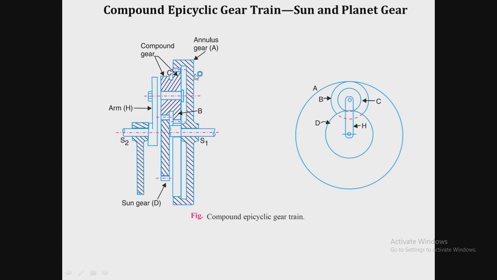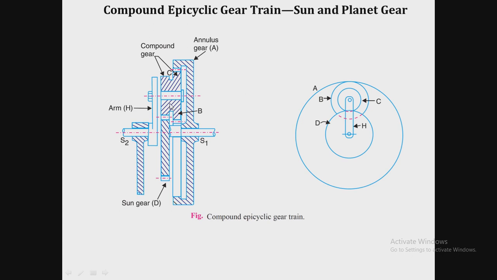There are various members of this compound epicyclic gear train. One is the annulus gear, which we can also call the ring gear, having internal teeth. Then this is the sun gear.